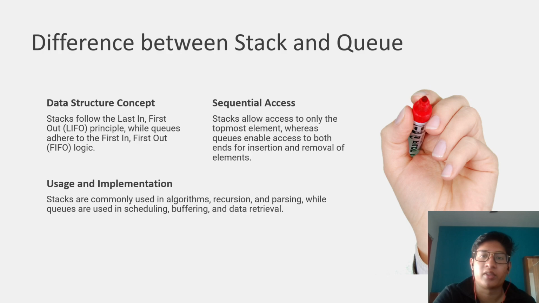Stacks allow access to only the topmost element, whereas queues enable access to both ends for insertion and removal of elements. Usage and implementation. Stacks are commonly used in algorithms, recursion, and parsing, while queues are used in scheduling, buffering, and data retrieval.